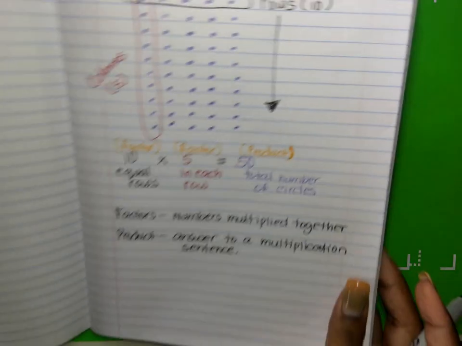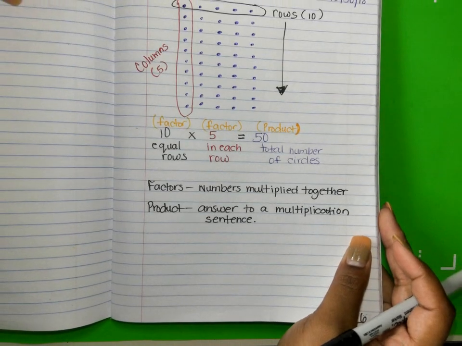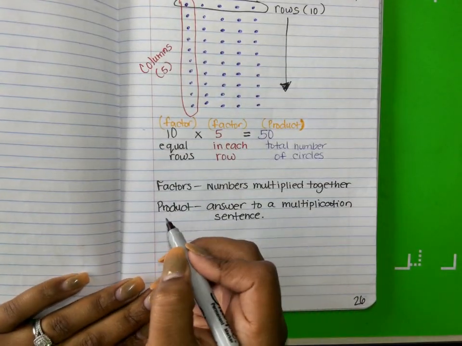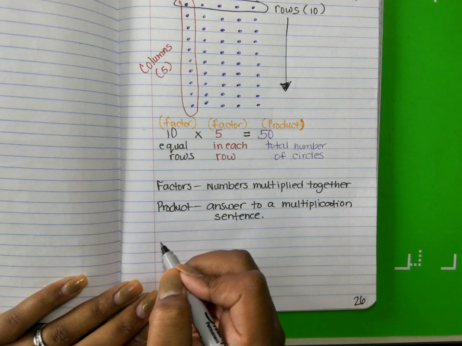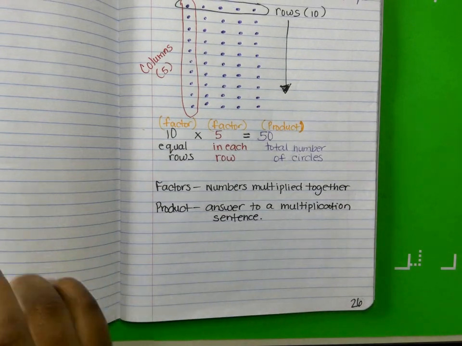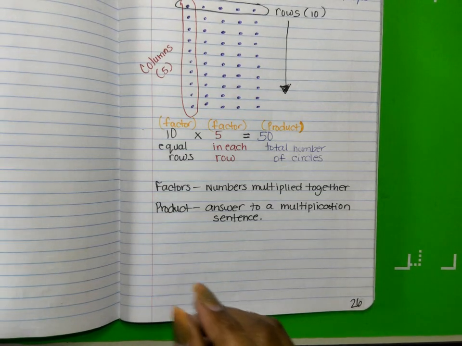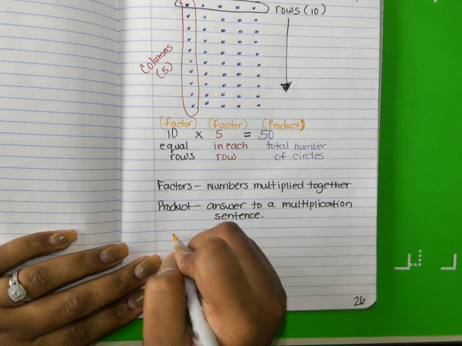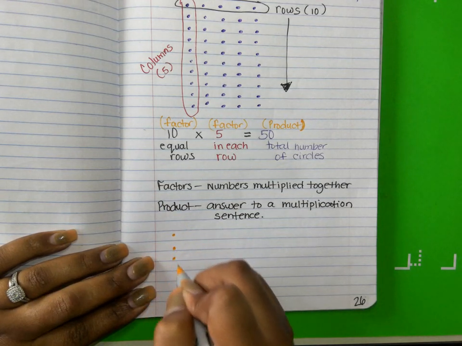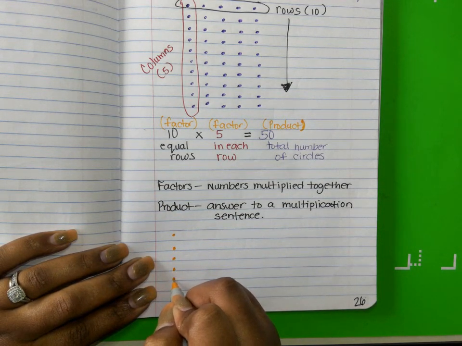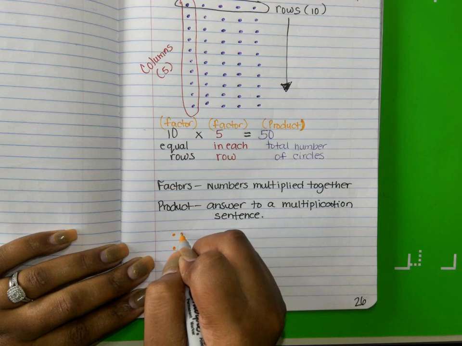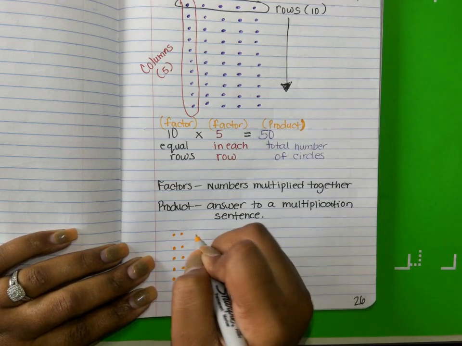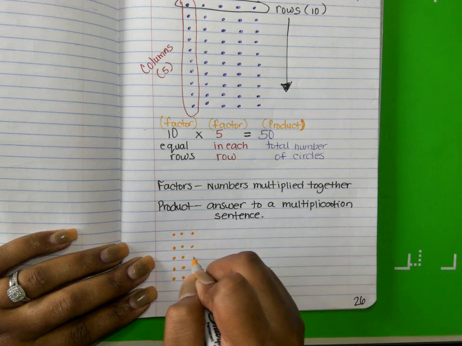So we're going to draw our array of how it looks to the side: 5 rows with 10 dots in each row. Let's do it. We have 1, 2, 3, 4, 5, and there's going to be 10 dots in each row, so we're going to draw it 10 times.